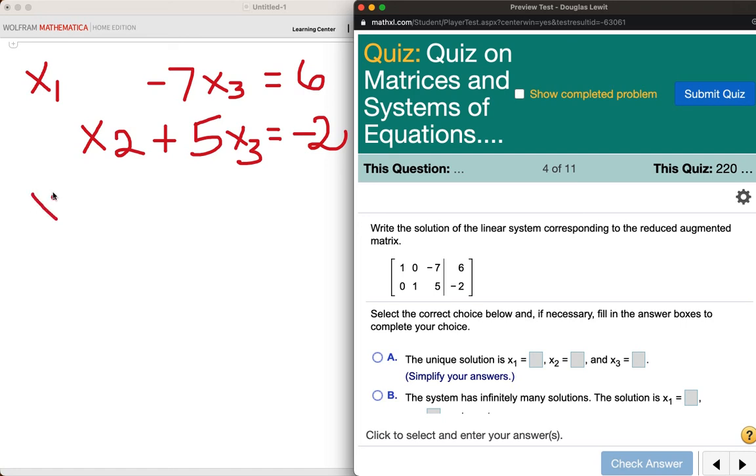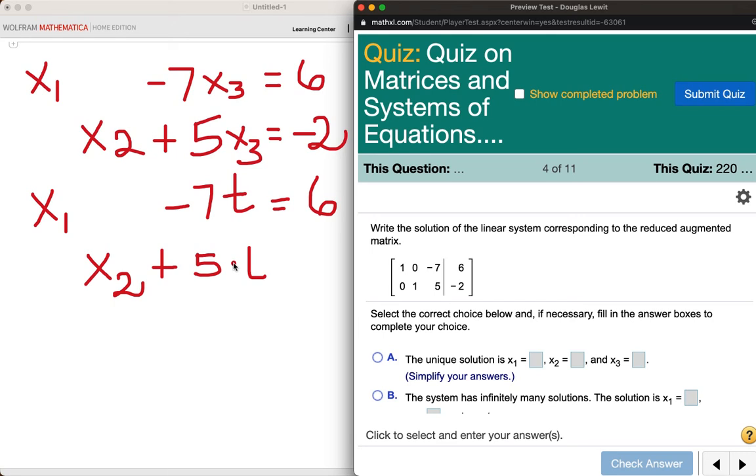So we have x1 minus 7t is equal to 6, and x2 plus 5t is equal to -2.